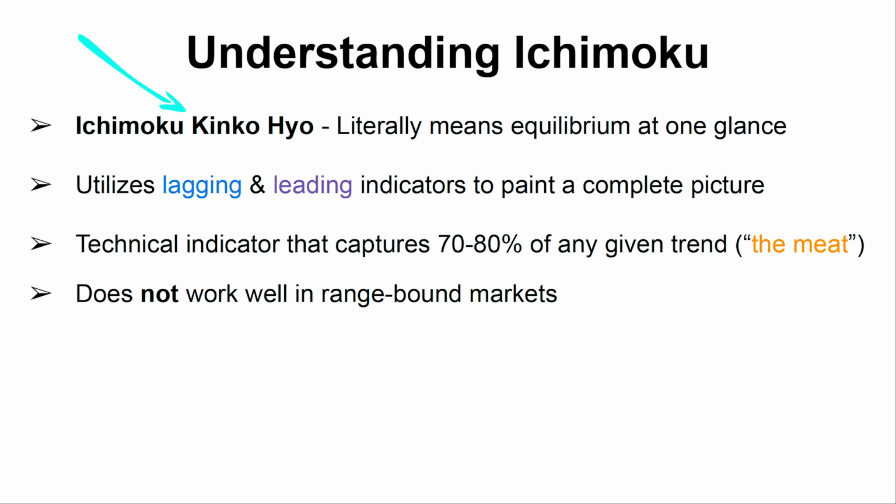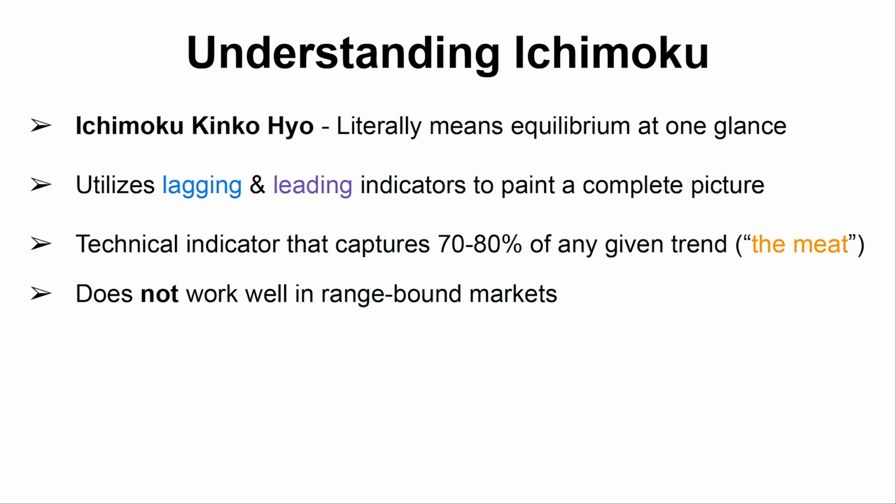Ichimoku Kinko Hyo literally translates into equilibrium at one glance. It was developed in the 1930s by a Japanese journalist named Goichi Hosoda, who spent over 30 years perfecting this system and did not release it until the late 1960s.